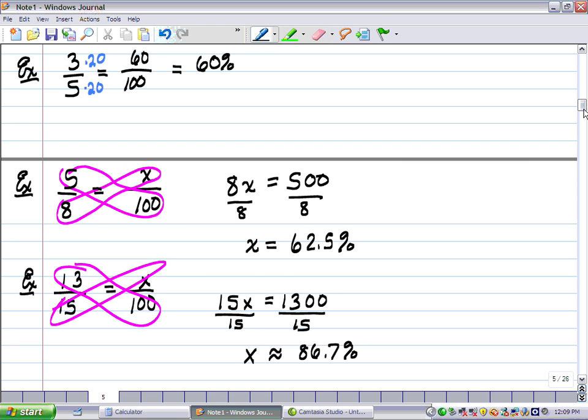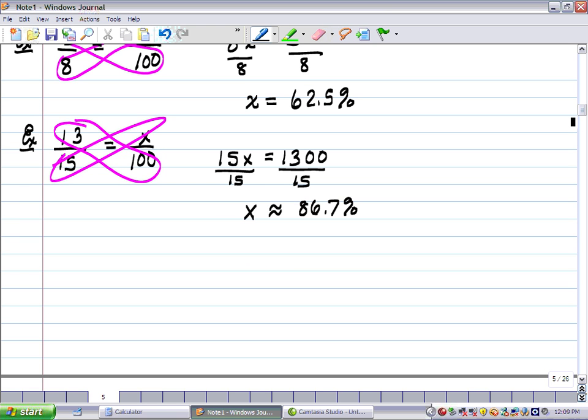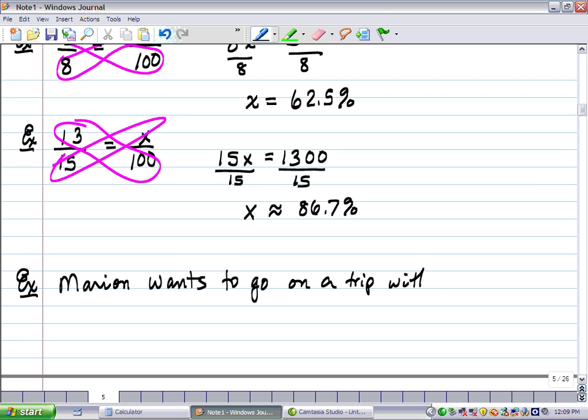Okay, so you can use percents to figure out how much you have of something. So let's do an example like this. Marion wants to go on a trip with her club that costs $380.